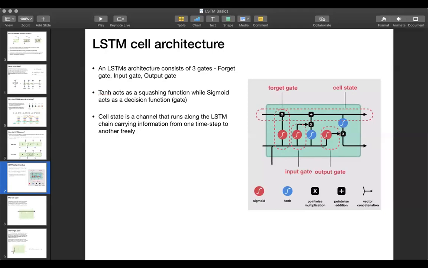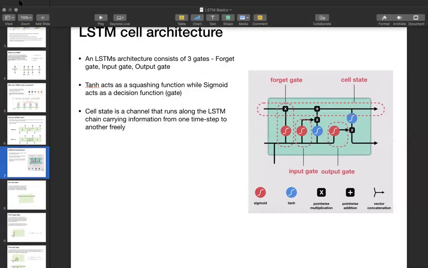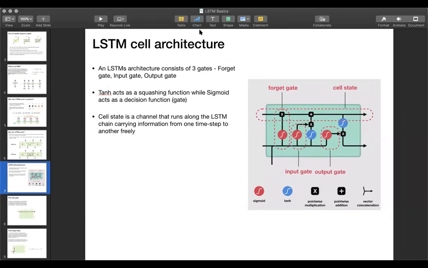Let me know if you are able to see the presentation. Okay. Yeah, I can now. Okay, awesome. Okay, cool.